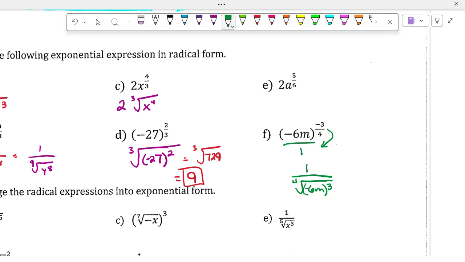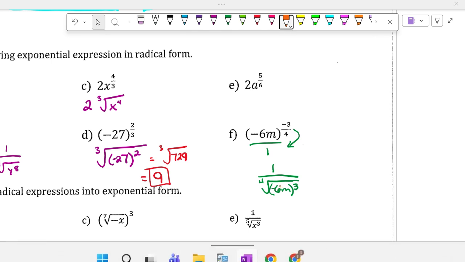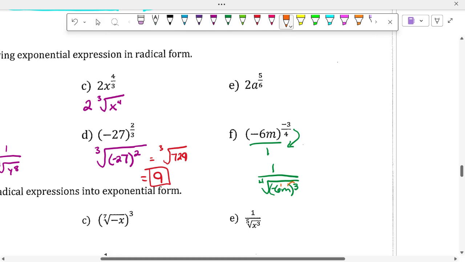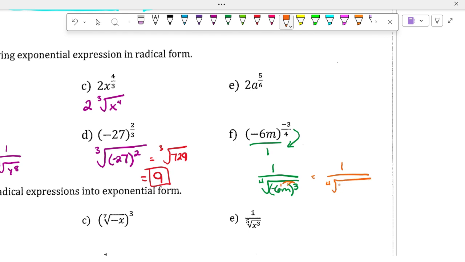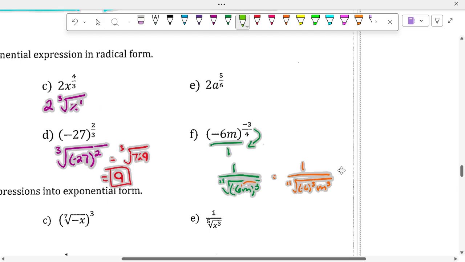Now, if I wanted to clean it up a bit, I could do some more distributing. So I can actually implement this power rule. So this would be 1 over the fourth root of negative 6 cubed, m cubed, which negative 6 cubed is just negative 216.